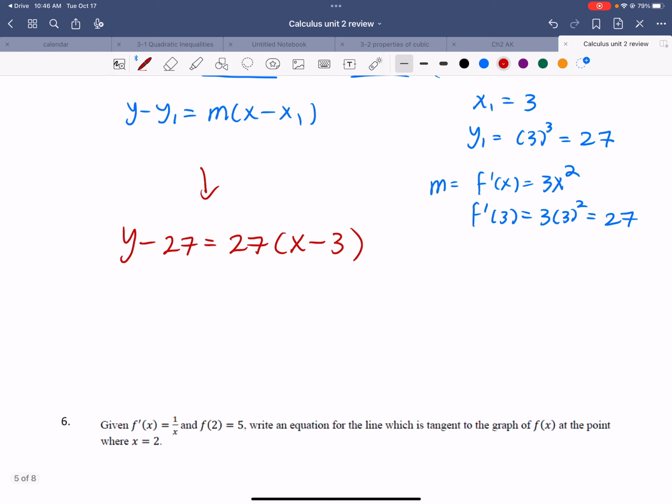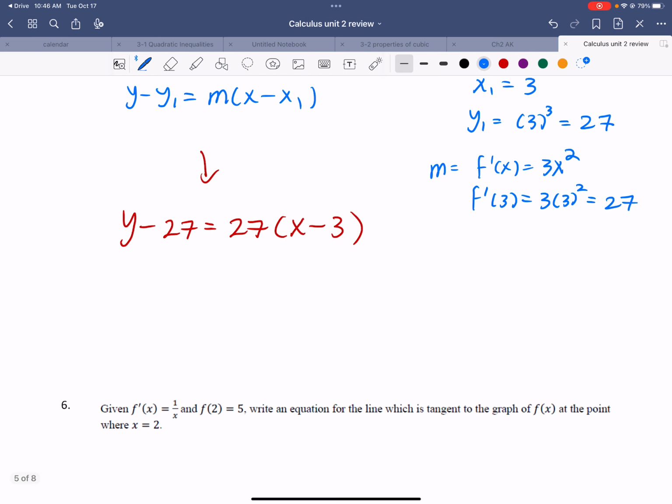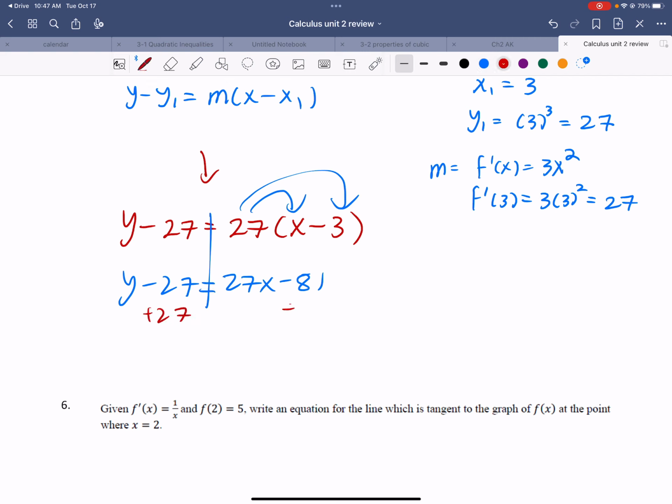And that's it. You don't have to simplify, but sometimes the question will make you do it. So you can do it like this. And if you add 27 to both sides, you don't really have to do this step, by the way, y is equal to 27x minus 54.